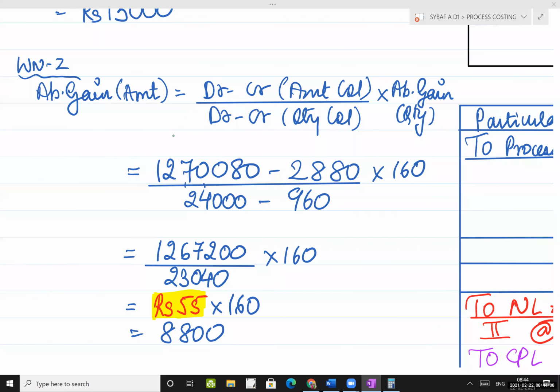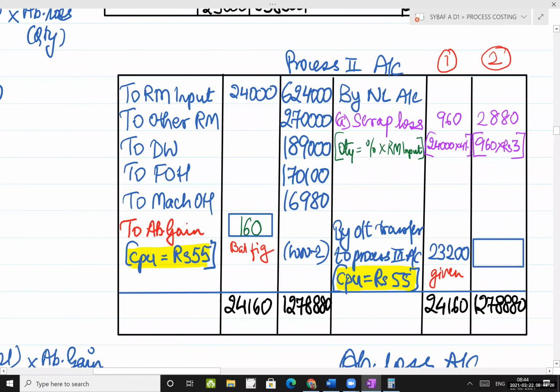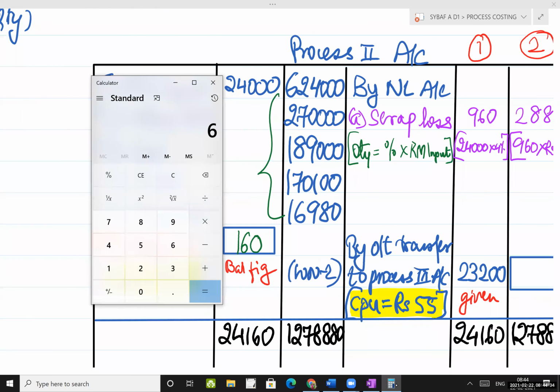Debit minus credit of the amount column divided by debit minus credit of the quantity column into abnormal gain in quantity. Okay. So total the debit side amount from here till here: 6,24,000 plus 2,70,000 plus 1,18,000 plus 1,70,100 plus 16,980.